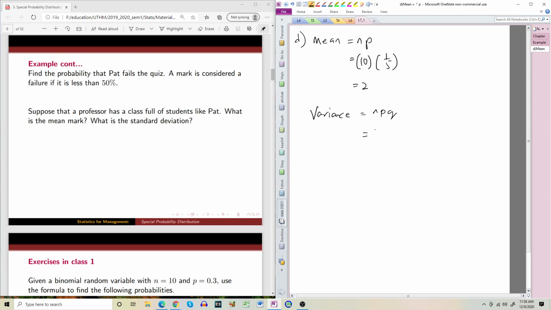This is quite easy. 10, 1/5, 4/5, the variance is 1.6, and the standard deviation is 1.26.